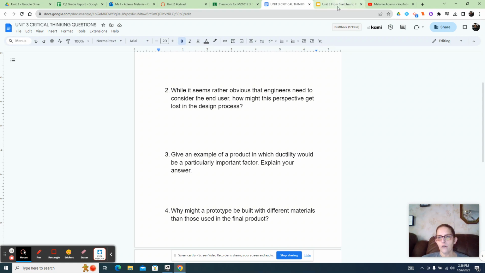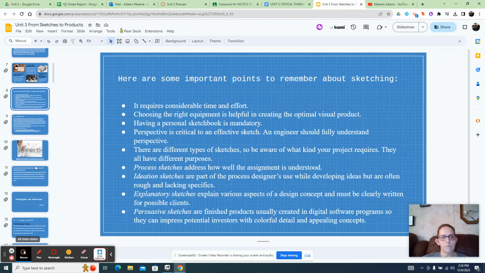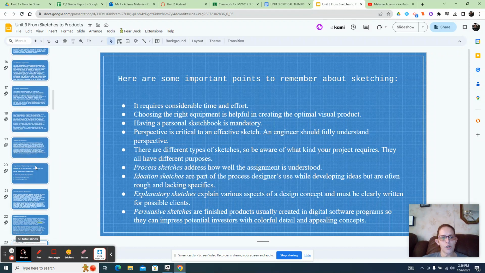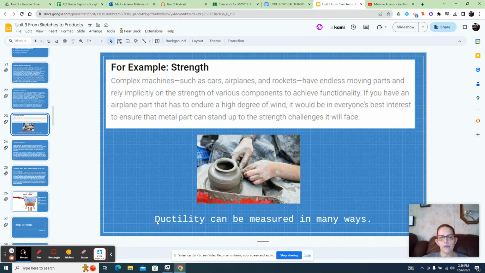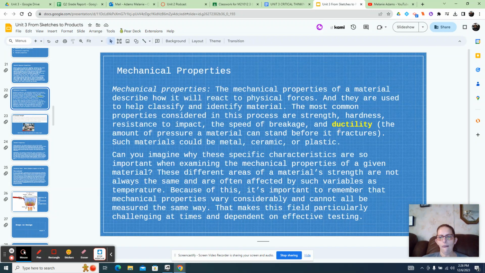Explain your answer. Oh, if you forgot what ductility means, then just go to the slideshow and you're going to go to that slide. Here's ductility. It can be measured in many ways. All right, let's see. Ductility, the amount of pressure a material can stand before it fractures. Such materials could be metal, ceramic, or plastic.